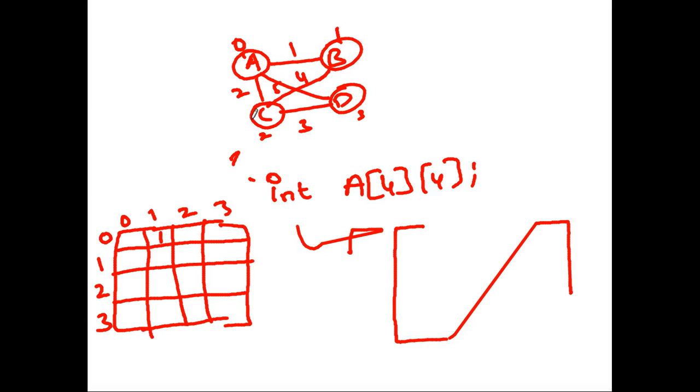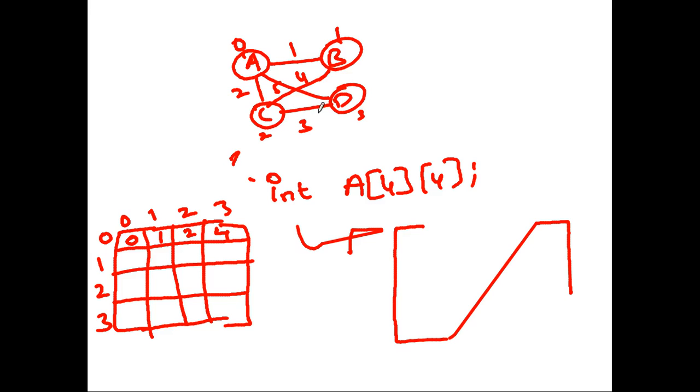That is, 0 to 3 I have an edge, and the cost associated is 4. Then from 0 to 2, that is A to C, I have an edge and the cost associated is 2. 0 to 0 I don't have an edge, so obviously it will be 0. So 0 implies no edge, and any other value apart from 0 implies there is an edge, and the value is nothing but the cost associated with that edge.